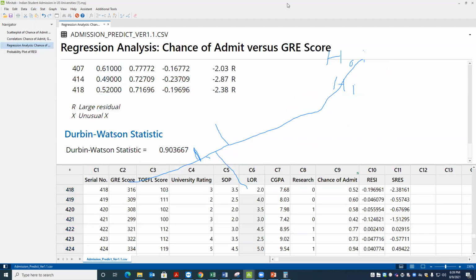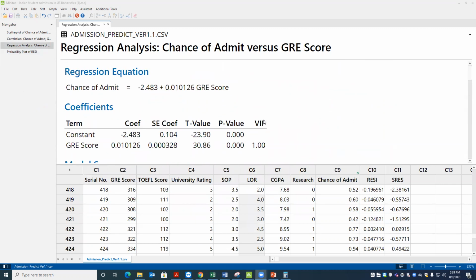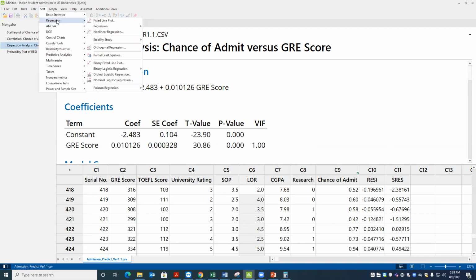Now one more important thing. Let's see how we can do the forecast. Suppose this is the equation. Now how can we apply it? Let's say I got a GRE score of 312. What would be my chance of admission? I go under statistics, regression, and predict.